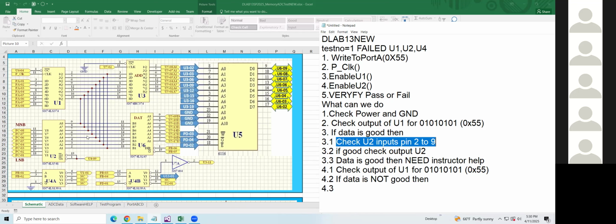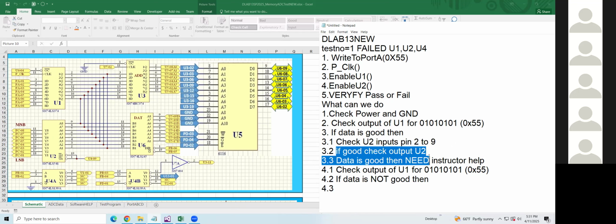That means the input you choose is good. The data is good, then you check output of U2. That means that output here is okay, but the test fails. Then you need the instructor to help you.